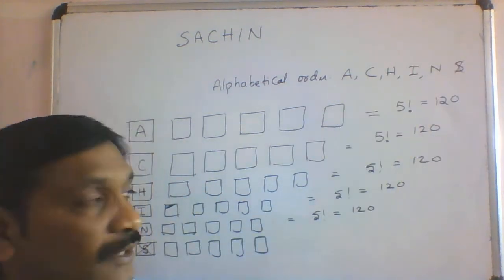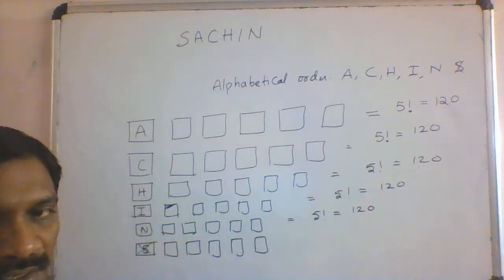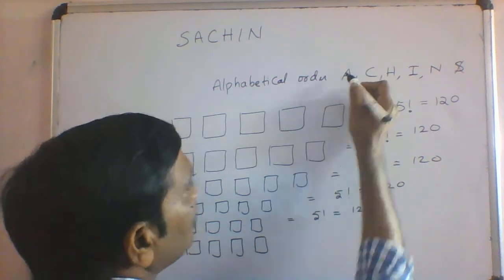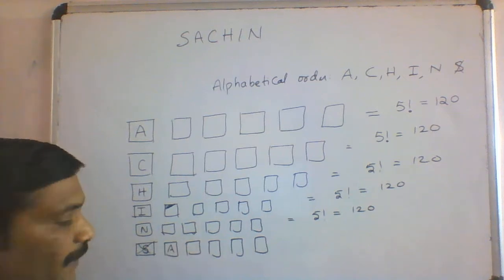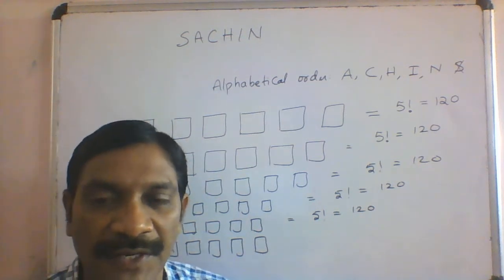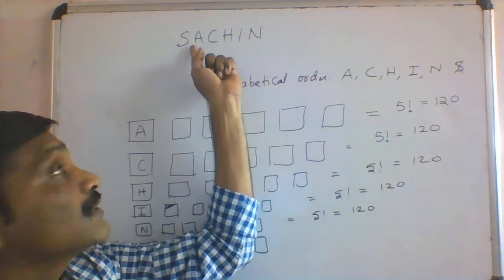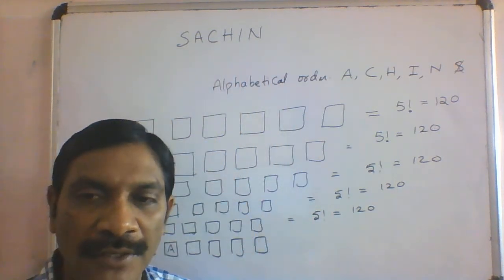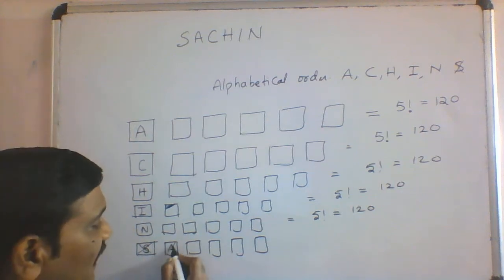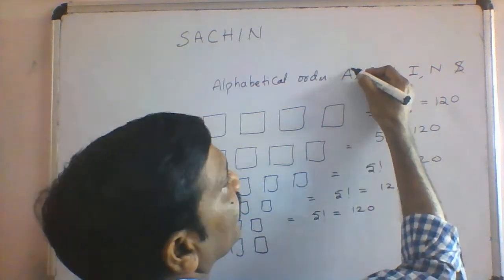Now start searching for the second letter. I have to keep A and see whether the required letter in the second position is A or not. Yes, required second letter is A only, so you can block this A as well.